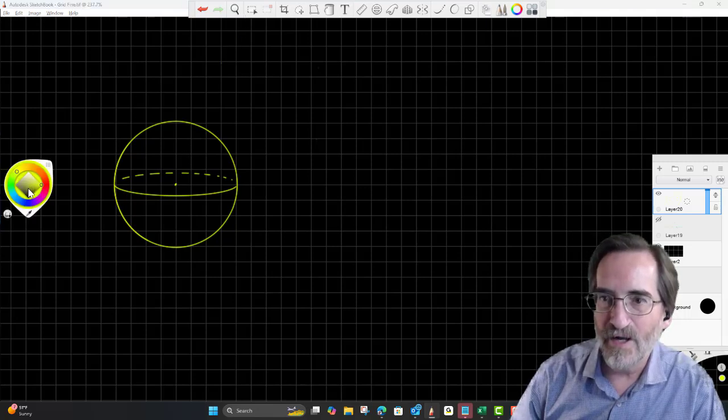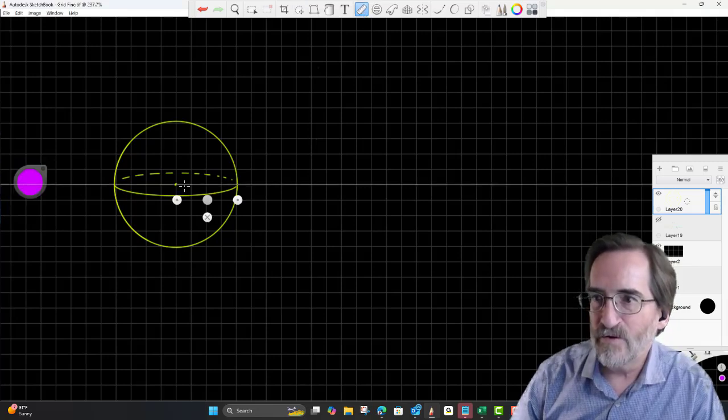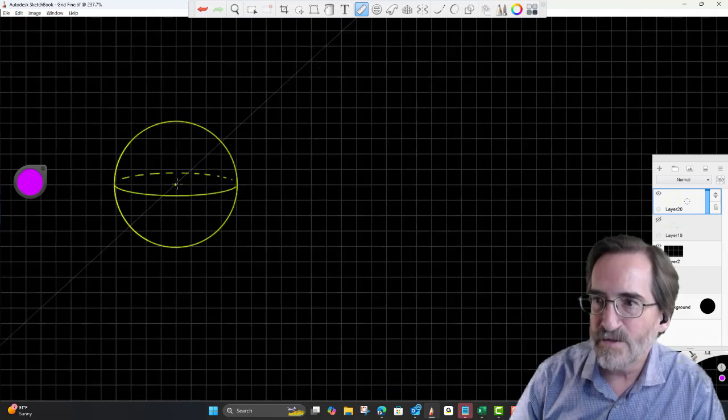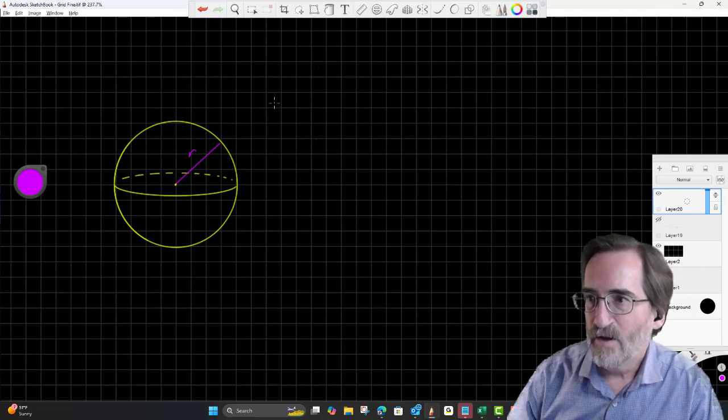And we want to find the radius given the volume. So let's say the radius is right here. And let's say the volume is 500 cubic centimeters.